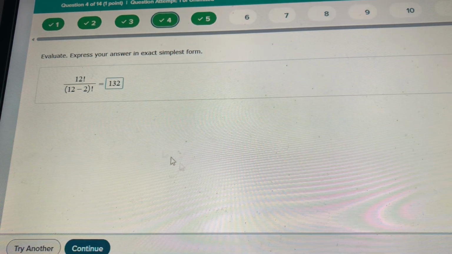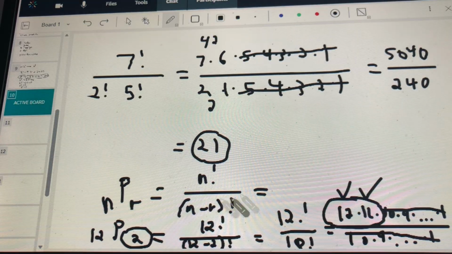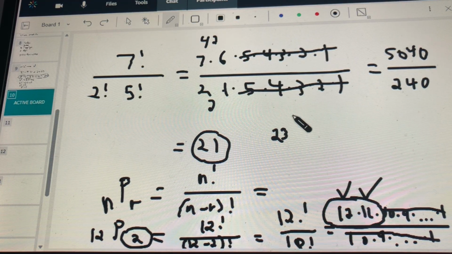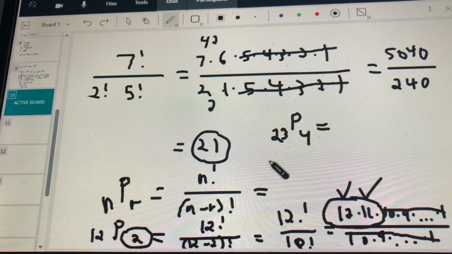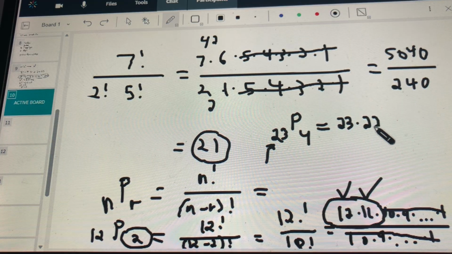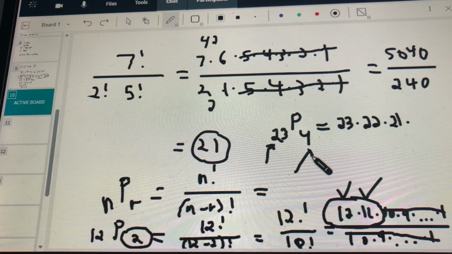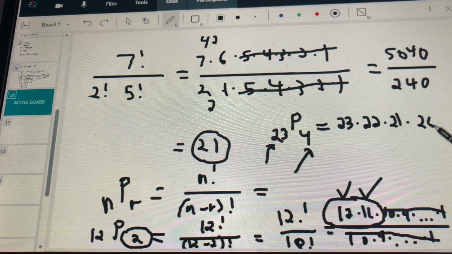When I get one of these, what I do is, let me just do a different example. Say you have 23 permutation 4. Instead of plugging into the formula, here's a shortcut to doing this. Take the front number 23, then start multiplying by one less over and over again, and stop after you have this many numbers. Stop after 4 numbers. So 1, 2, 3, 4.